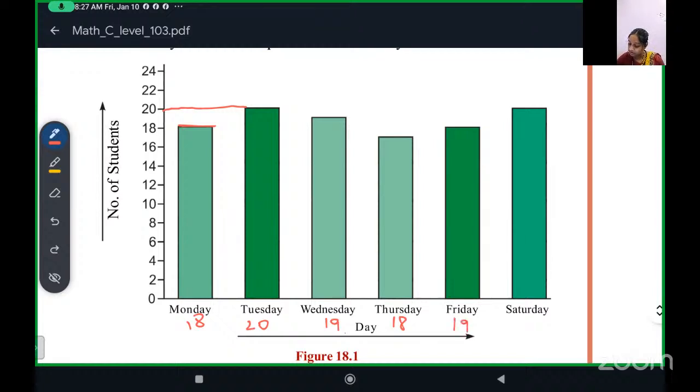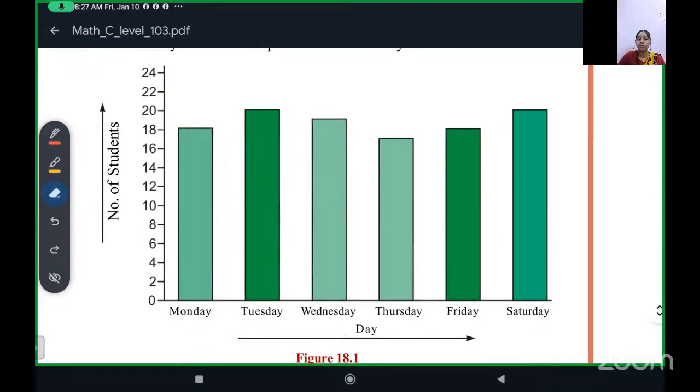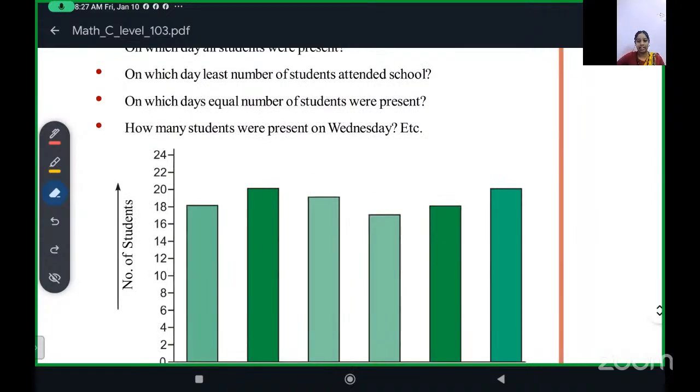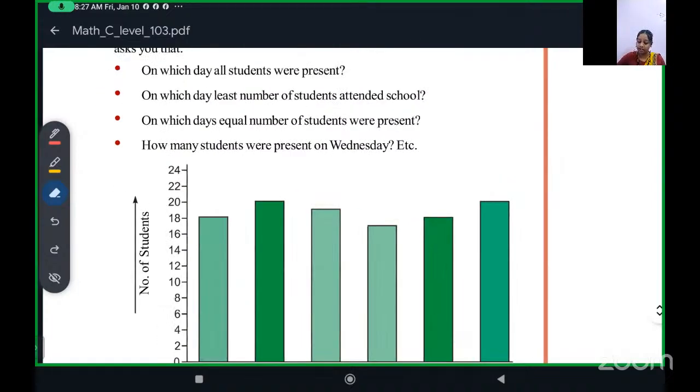And Saturday we have 20 students present. So this is the graph that helps us to represent the information using these bars. So that is known as a bar graph.